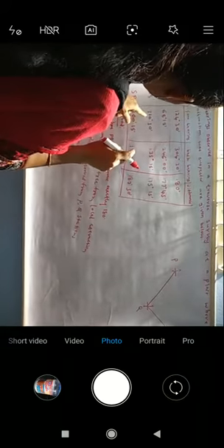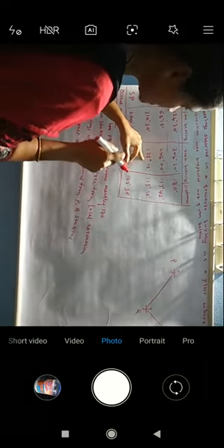Then QR starts from 68 degrees in the first quadrant and ends at the third quadrant. Then RS, 310 degrees, starts from the fourth quadrant and ends at 135 degrees in the second quadrant.